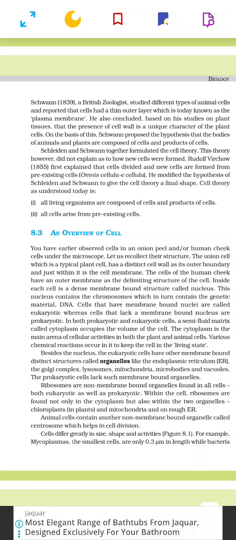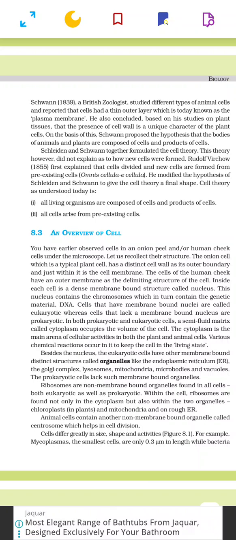Cells that have membrane-bound nuclei are called eukaryotic, whereas cells that lack a membrane-bound nucleus are prokaryotic. In both prokaryotic and eukaryotic cells, a semi-fluid matrix called cytoplasm occupies the volume of the cell. The cytoplasm is the main arena of the cellular activities in both plant and animal cells.